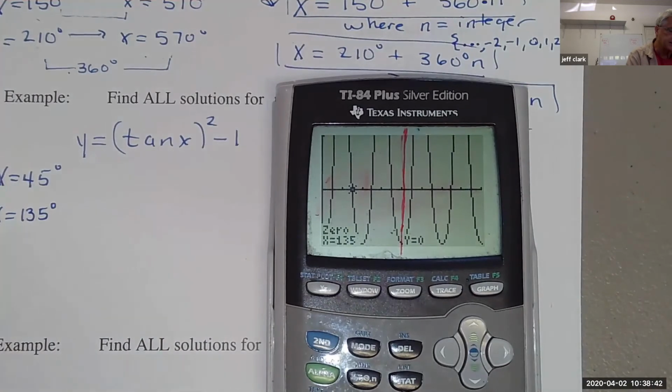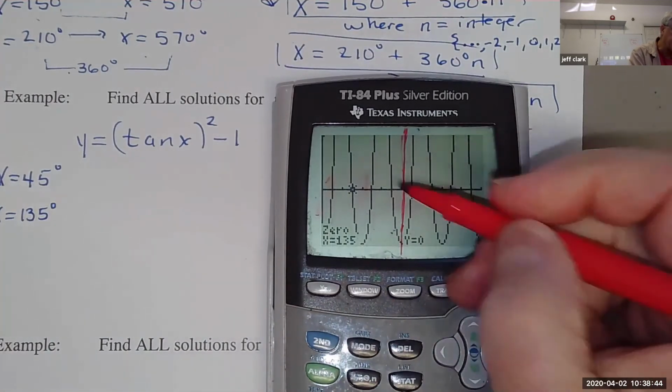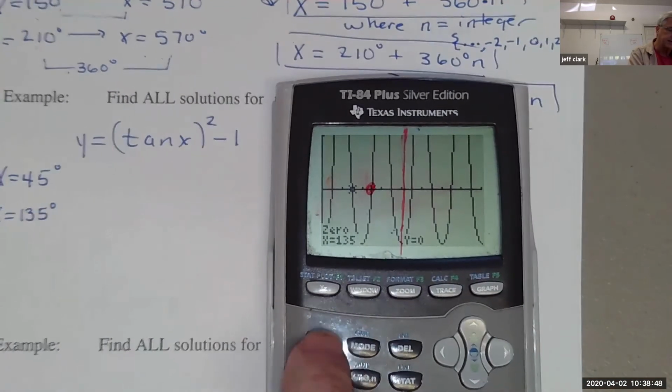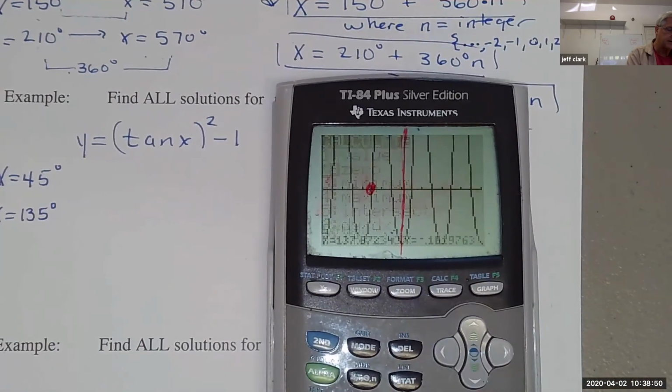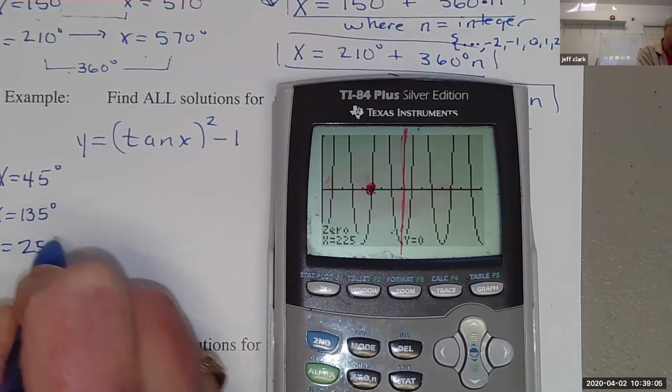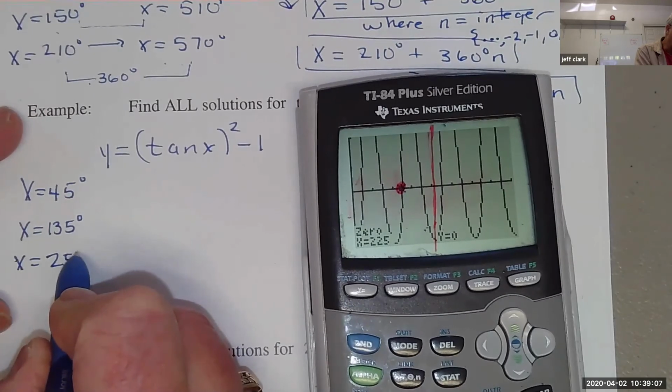Let's do another one. So I want to find this one. Do it again. Left bound 180, and right bound, you probably guessed it, 270. Sounds like I'm jumping by 90 degrees, and that's going to be the key here. 225. Okay, 225.